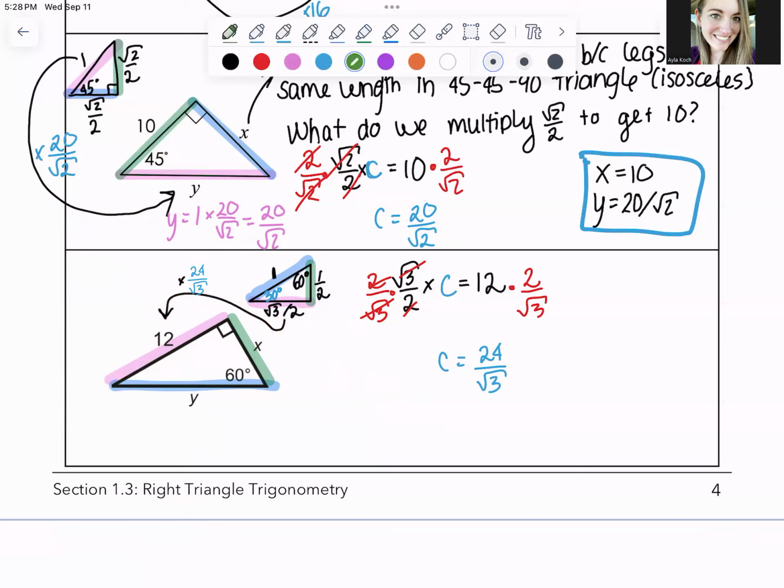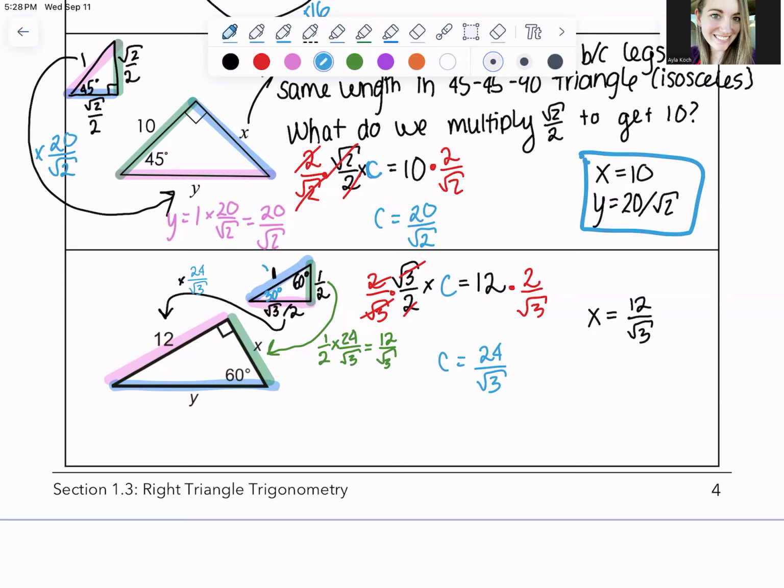For the green one, it's going to be 1/2 multiplied by 24 over radical 3, which is going to be 12 divided by radical 3. So x is equal to 12 divided by radical 3.